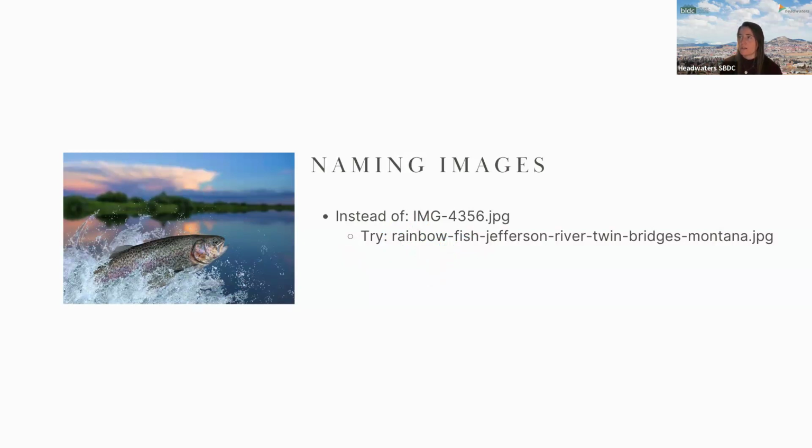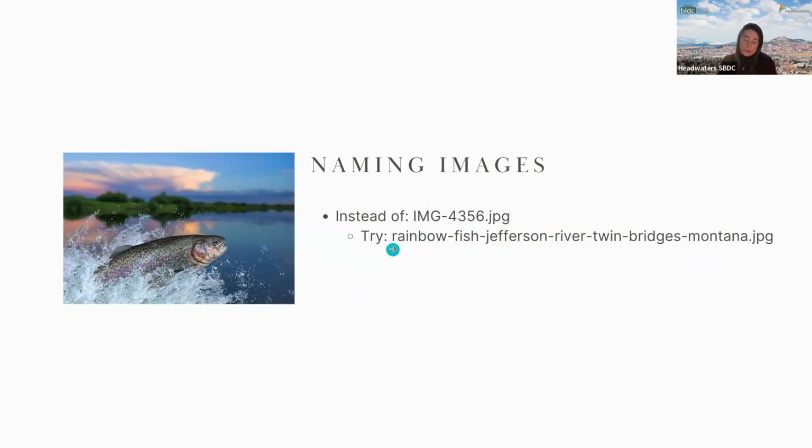The way that it was explained to me is the bot will read the dashes a lot faster than an underscore. So, Rainbow-Fish-Jefferson-River-Twin-Bridges-Montana is a lot more explicit and descriptive of the image versus what it might have come out of your camera as.